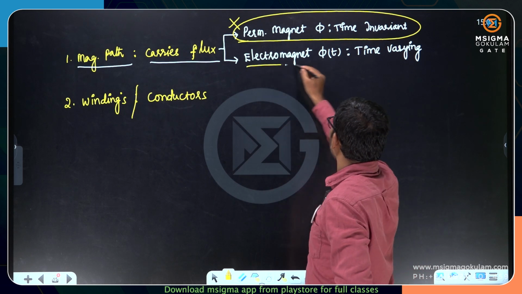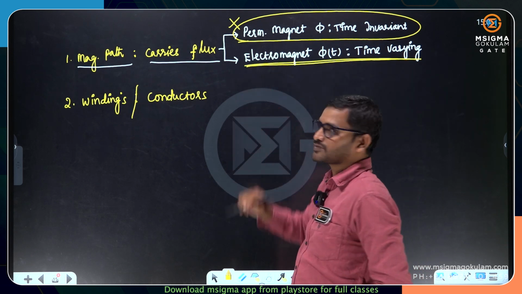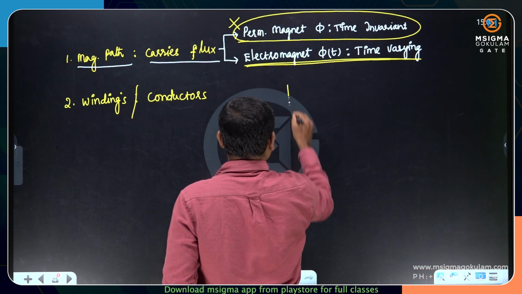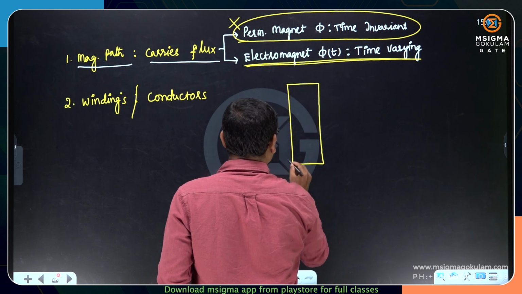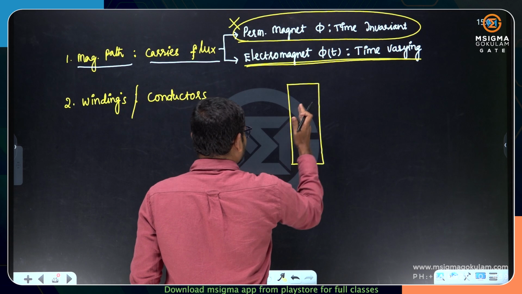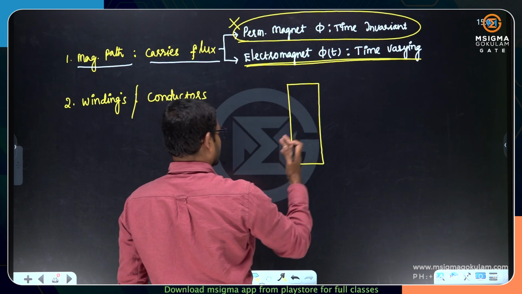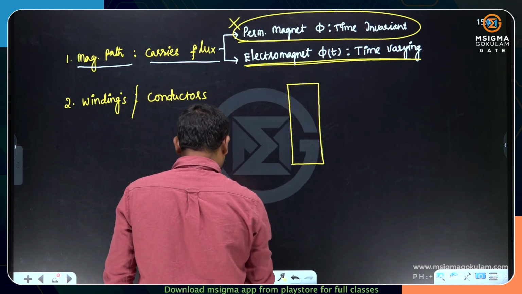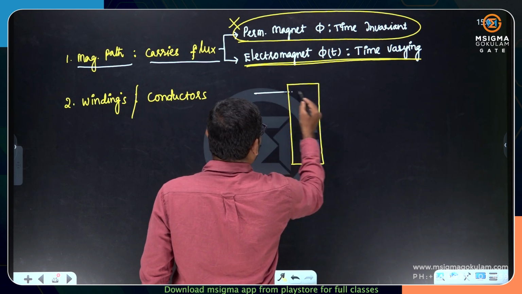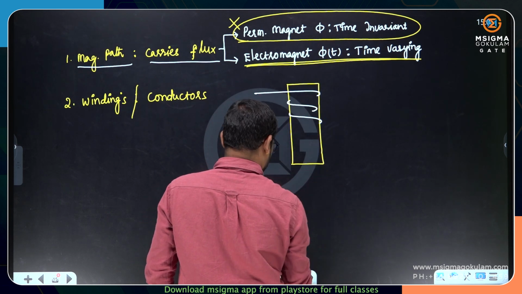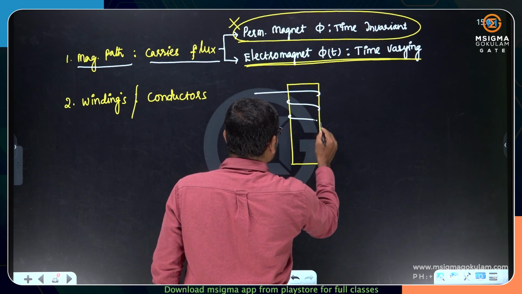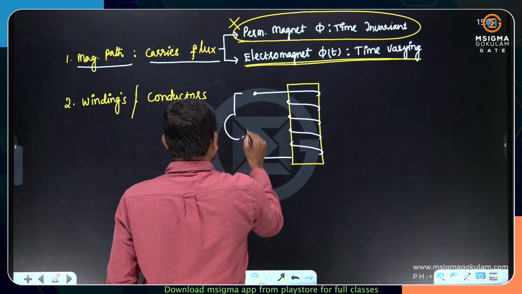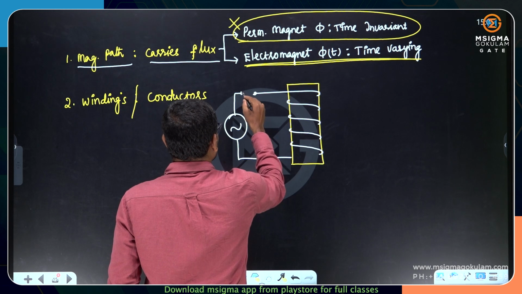So the electromagnet is popular. What is an electromagnet? It is like this. We will be having a magnetic path, which can be steel, iron, or different types of magnetic materials, right? On that magnetic material we will be placing the winding like this, with a number of turns, and the winding is connected to an alternating voltage source or else a direct current source.